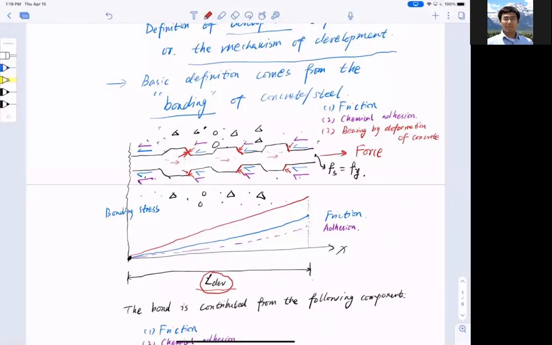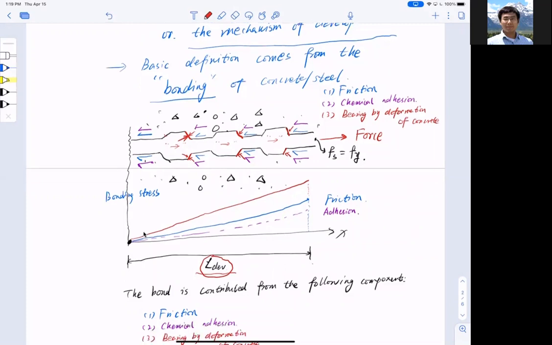When we talk about bonding, why it is so important and why you have to remember it is because we will have this in the exam. A typical short answer question I can ask: which of the following is not one component of bonding resistance?